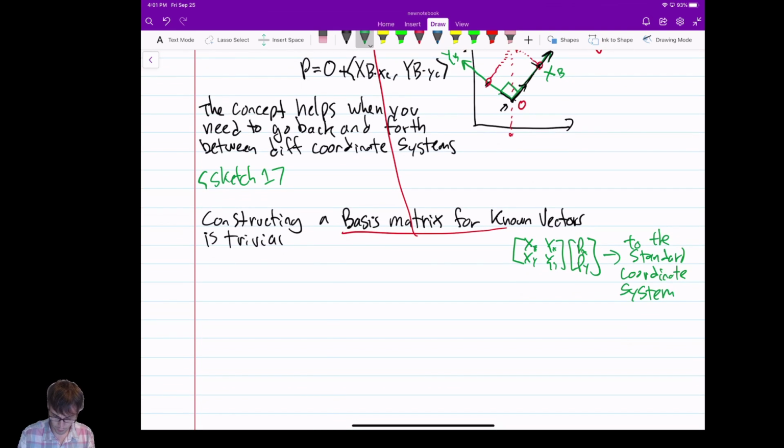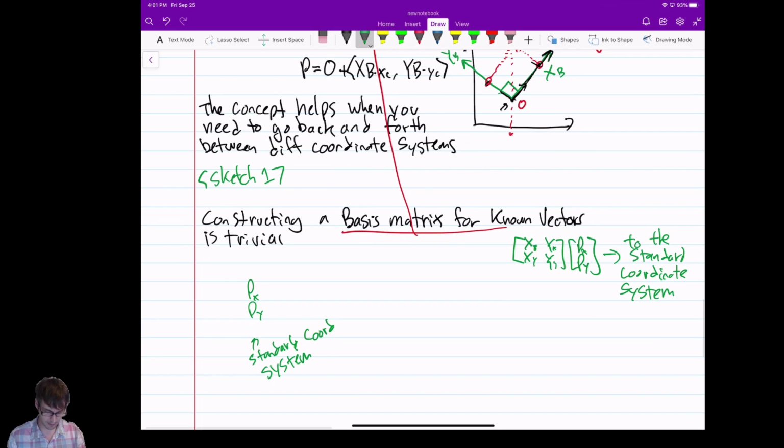If I have a point px, py in the standard coordinate system, how do I bring it into my local? How do I find out where it is in that local space? Well, if I have the matrix to bring me from that coordinate space to the world space, I can just invert it.